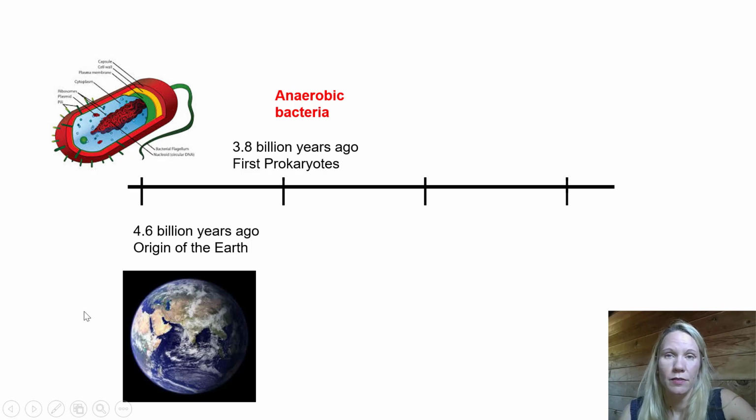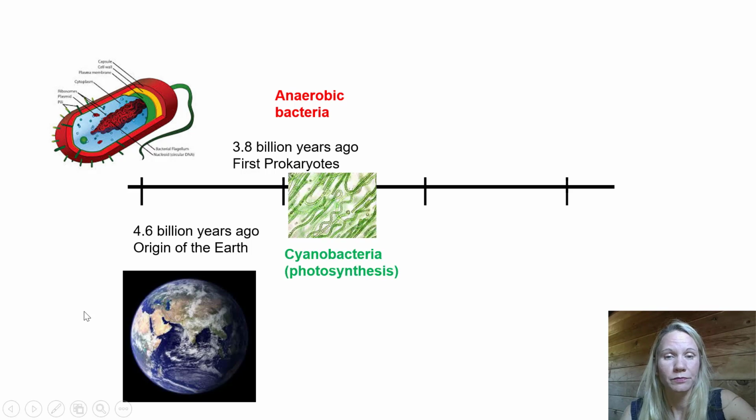So a random mutation allowed for a new group of prokaryotes to evolve on Earth. Now, these prokaryotes are still around today, okay? So the descendants of these prokaryotes are still alive today, and they're in a group of bacteria we call the cyanobacteria. And what's really special about this group is that they can photosynthesize.